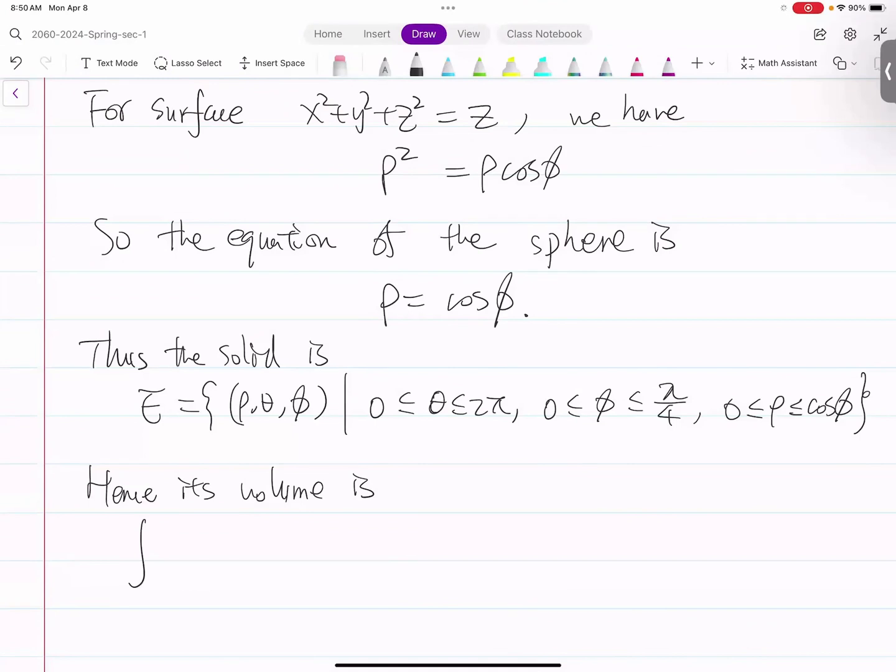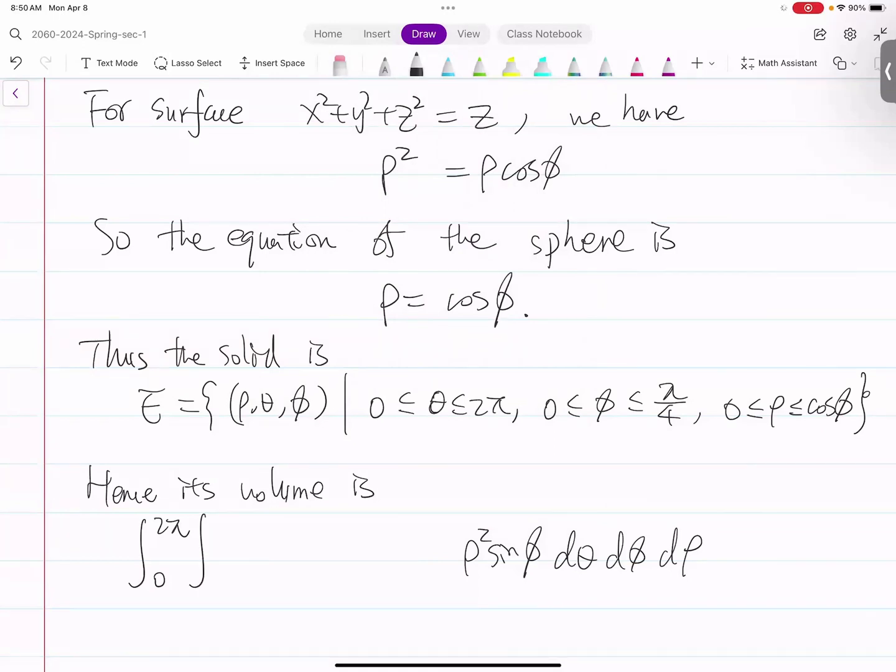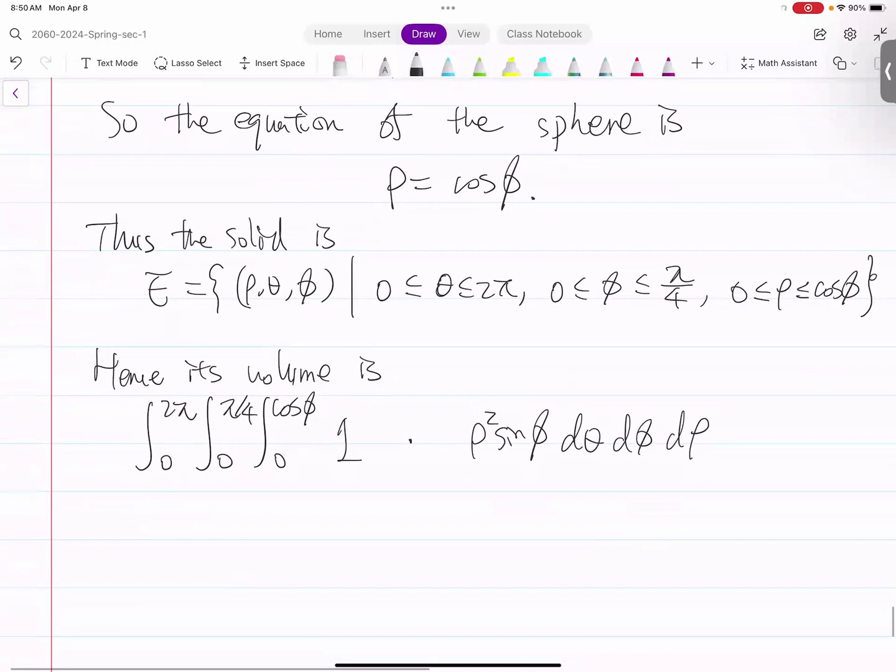We have theta between 0 and 2 pi, then phi between 0 and pi over 4, and finally rho between 0 and cosine phi, with the rho squared sine phi, always remember that. And we're integrating 1. So this is the integral that we need to be a little more careful about.